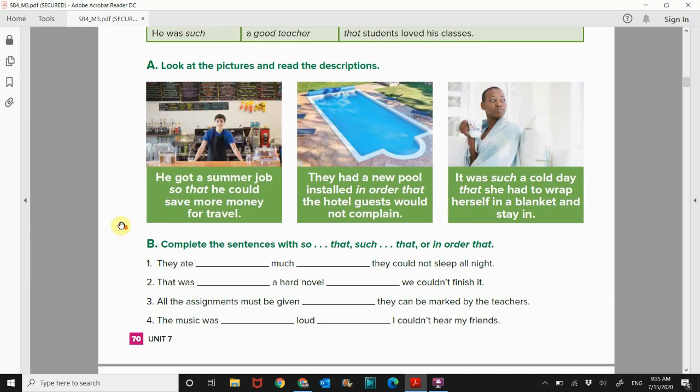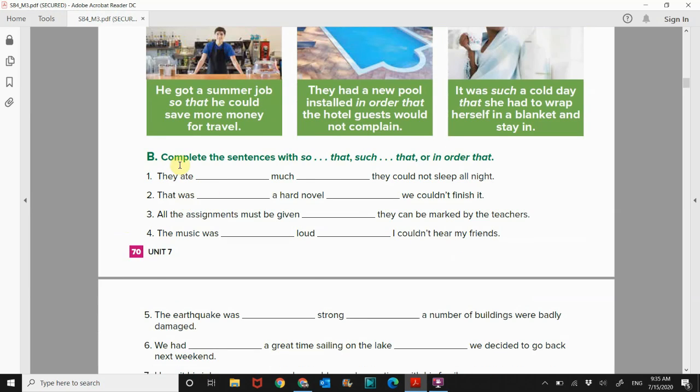All right, exercise B. This one says complete the sentences with so that, such that, or in order that. All right, number 1, they ate. So what do you think?